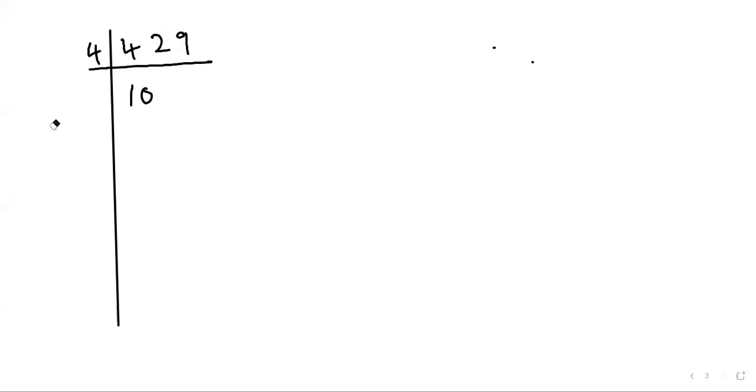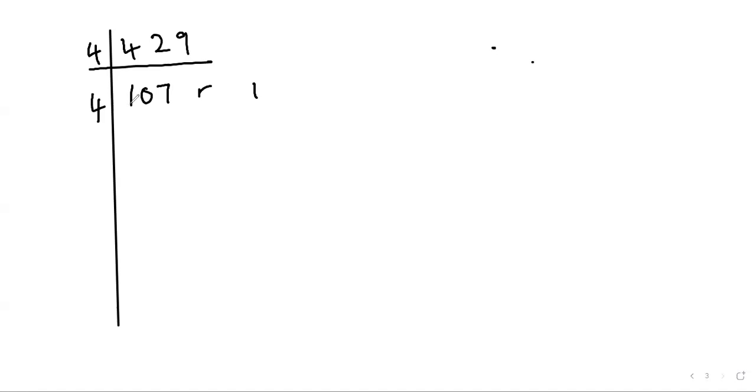So 4 divide 29 7 times. That's 28, remainder 1.